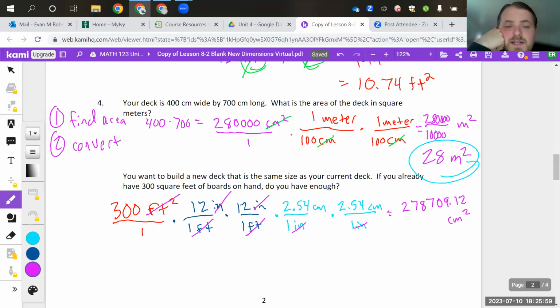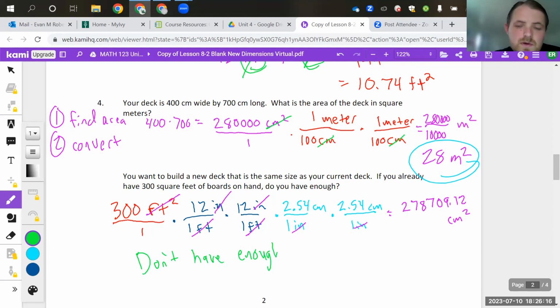The question is, is 300 square feet enough to build the deck? Since our answer is smaller, we do not have enough. We will not have enough to do our deck, unfortunately.